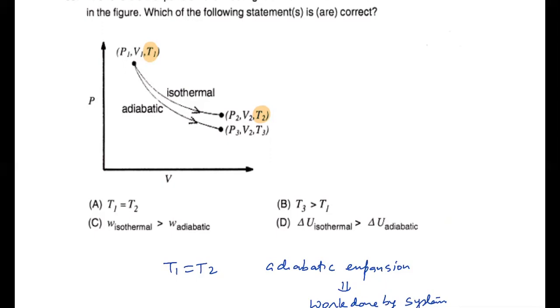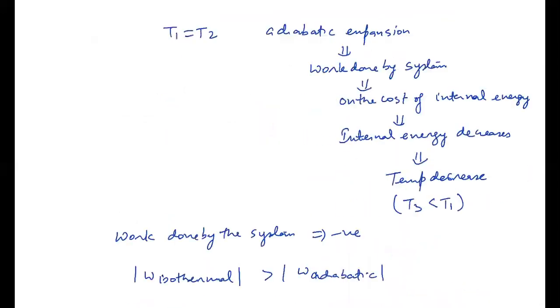So the modulus value of the isothermal process is certainly greater than the adiabatic process because the area under the curve is more. But as the sign is negative, if you compare the actual values with sign, work done in the adiabatic process is more than that of the isothermal process. And then in the isothermal process, internal energy change is 0, whereas in the adiabatic process, change in internal energy is negative.